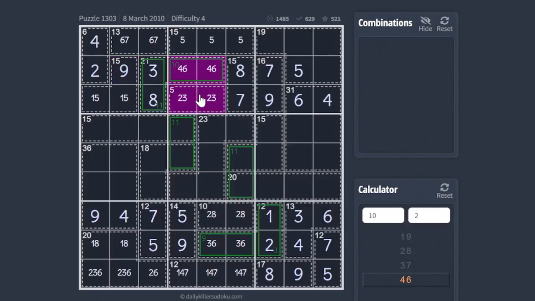And the only remaining numbers here are 1 and 9, so this is a 1, 5, 9 triple. This 5, 9 forces this to be a 1, and we can remove the 1 from those. This 7 also cleans up and makes this a 6 and this a 7.